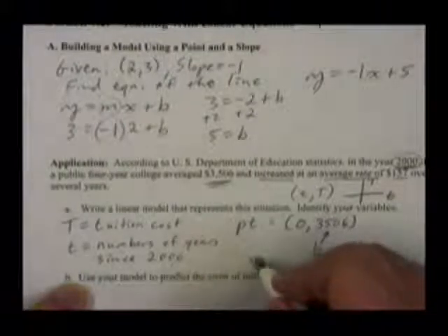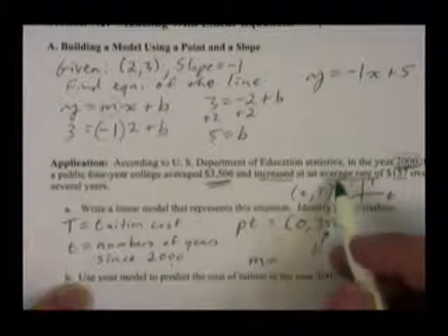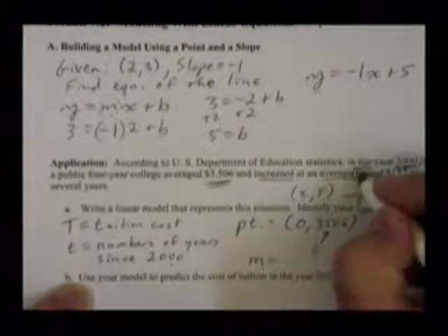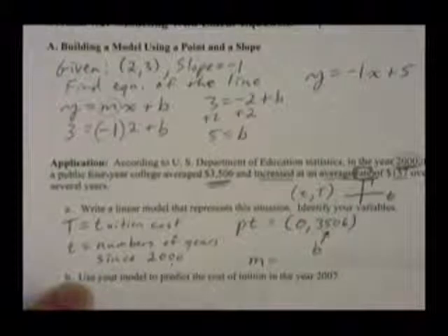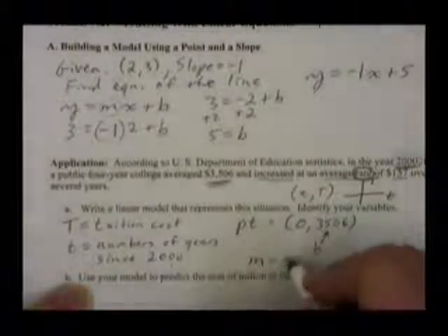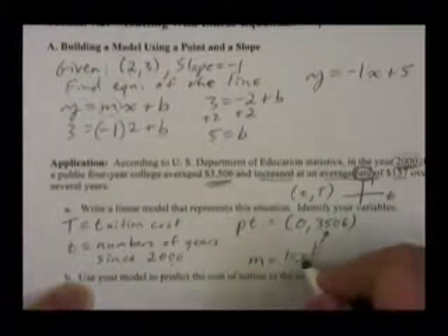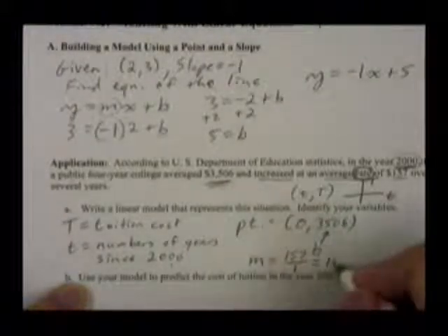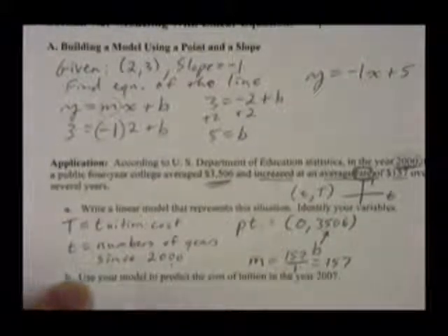And I have a slope because my increase is an average rate, and the rate is the key here because that's a rate of change. My rate is changing at $157 for every 1 year, or we could write that as just 157. Now, once I've got that, notice I can write my equation now.